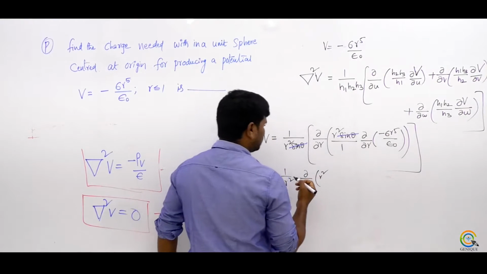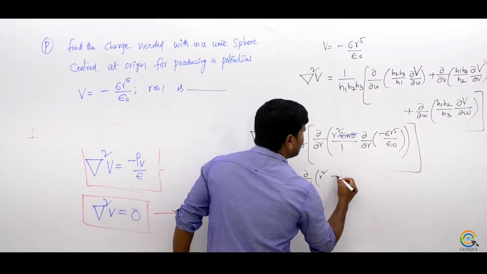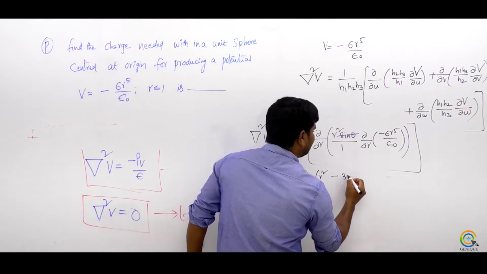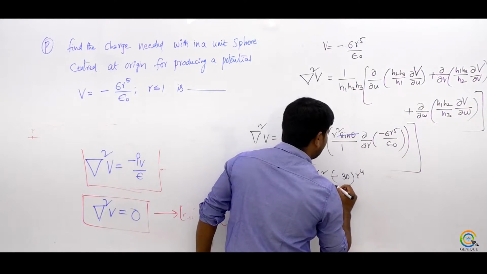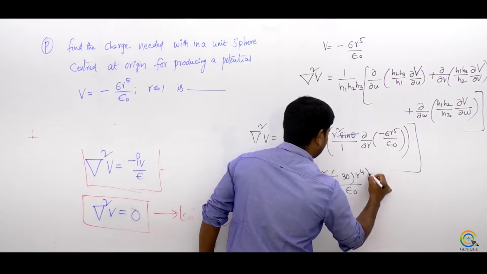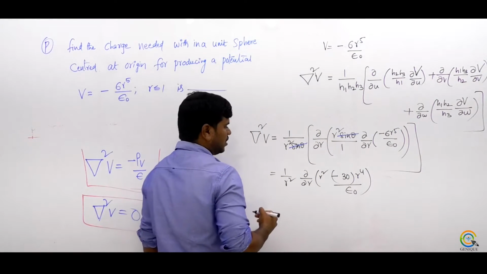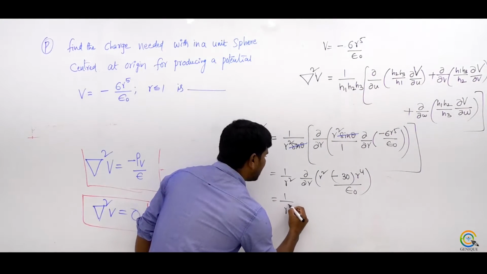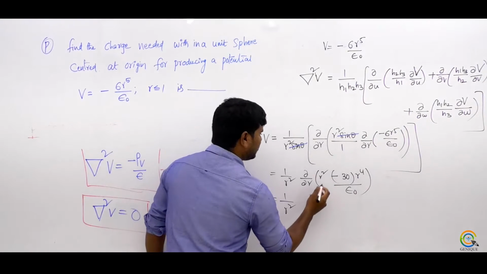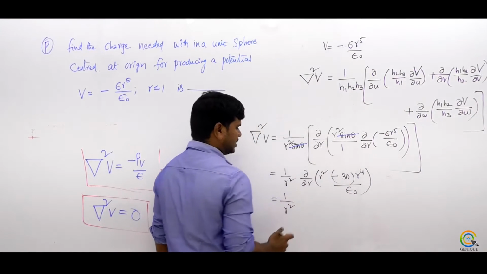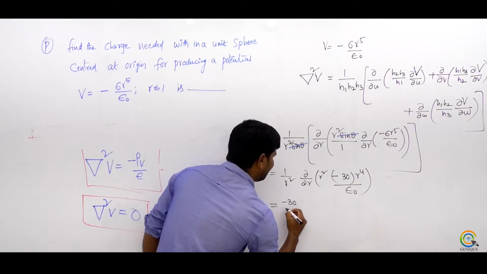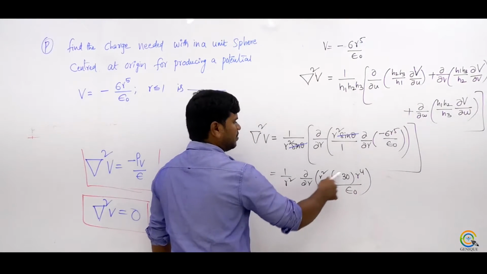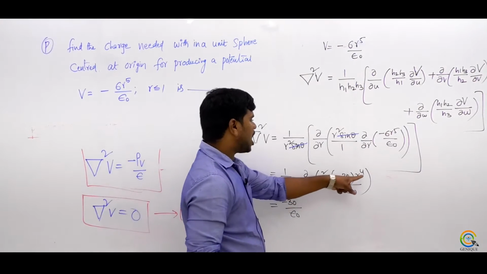It will be minus 30 r power 4 divided by epsilon naught. So this will be 1 divided by r square, dou by dou r of, this one is r power 6, so you can directly write minus 30 divided by epsilon naught, times r power 6.